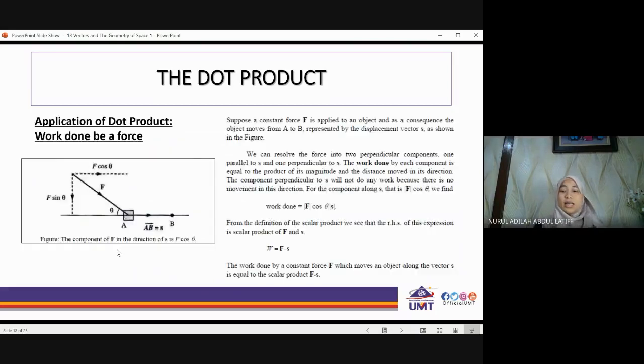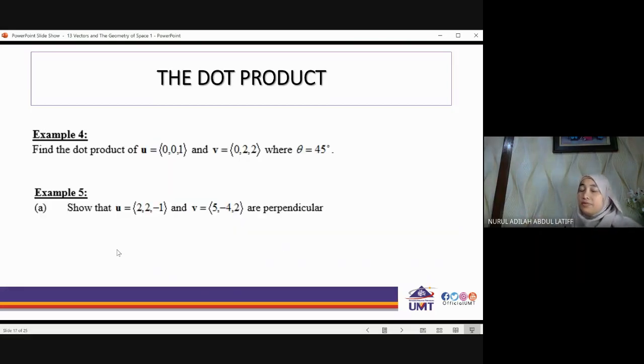For example 4 and example 5, I need you to do them yourself. I mean, this is like your homework. Okay, try to do it. As I said, in a mathematics lecture you need to have a piece of paper and a pen by your side, so when I give you questions, you can always calculate.